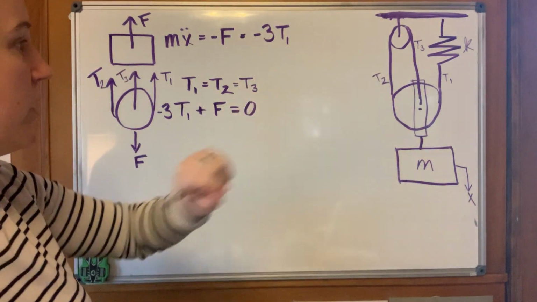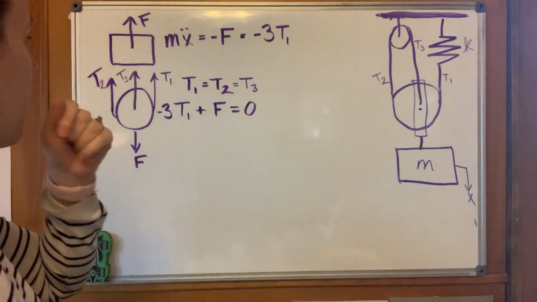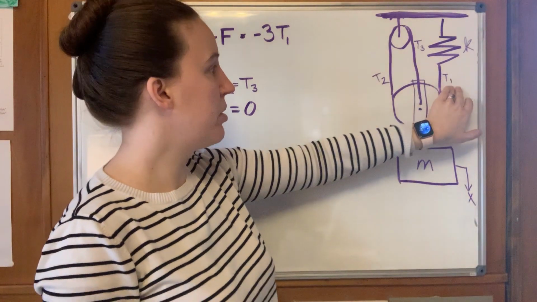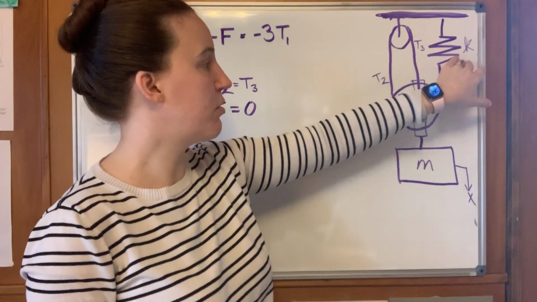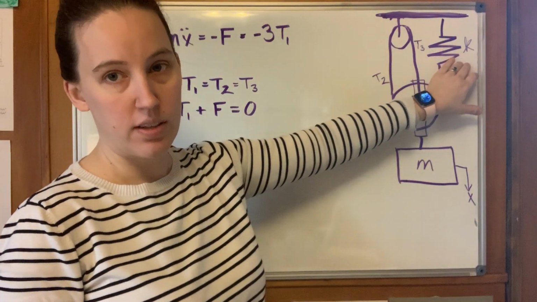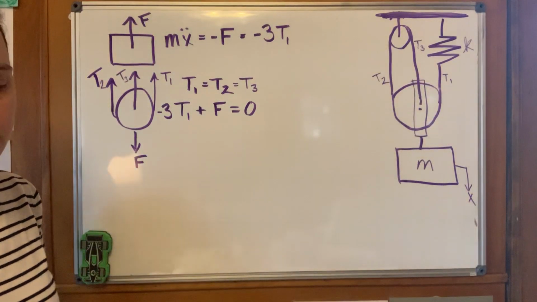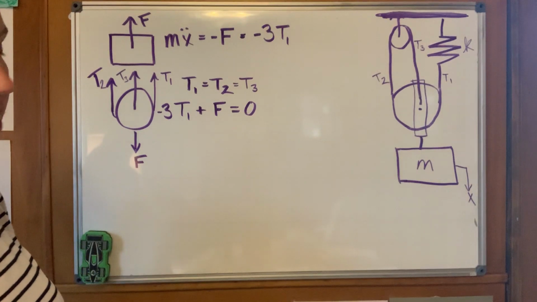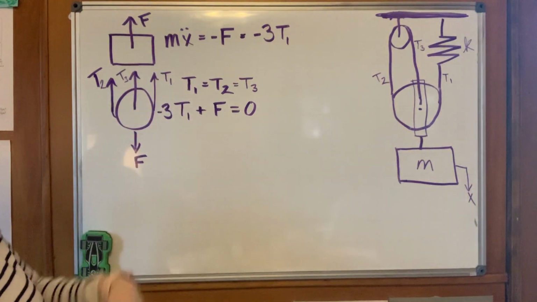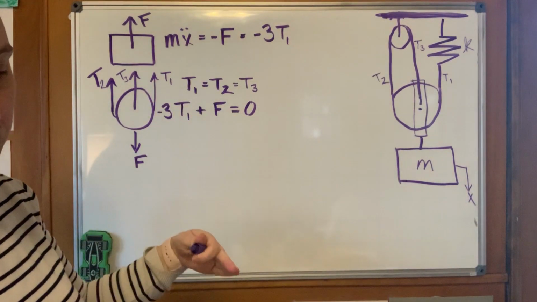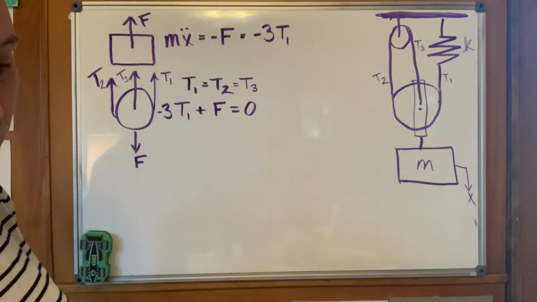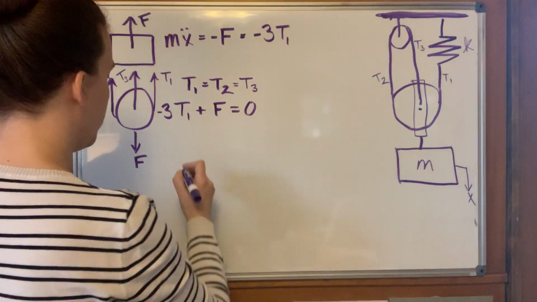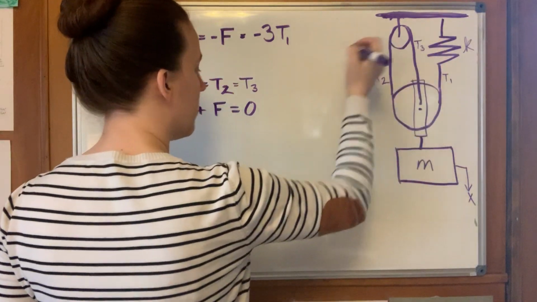What is T1 going to be? Okay, so the tension here is going to be related to whatever is the deformation of this spring, k. So we need to think then about the length of that spring and how that spring is deforming. Which means now we need to think about the total length of this whole thing.